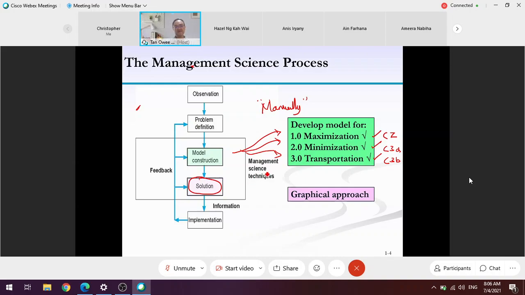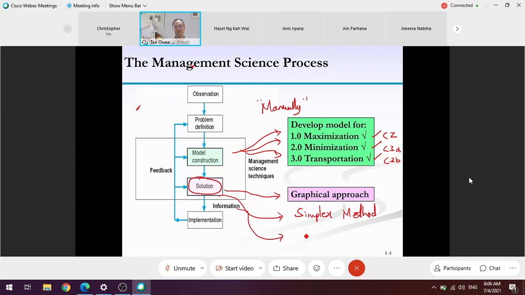In solving linear programming, you might apply three methodologies. The first methodology is using the graphical approach. The second methodology is using what we call the simplex method. And the third methodology is using computer software.